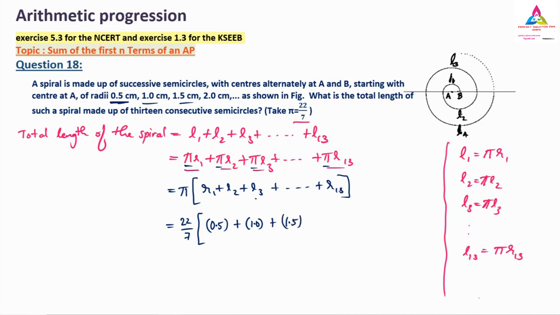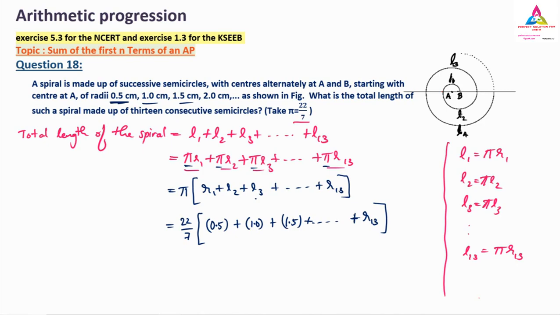If you want to write, plus 2.0 centimeter you can also write, and so on. Lastly we have to write R13. What is the radius of the 13th semicircle? It is not given. Don't bother about that, write R13 as it is, because we don't know. Without knowing we can't write anything, so let R13 be.